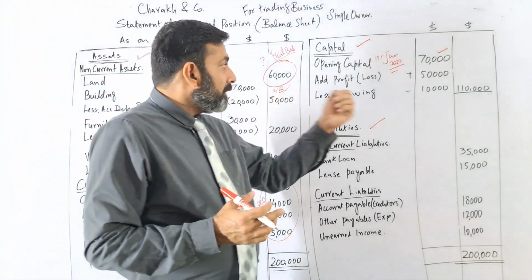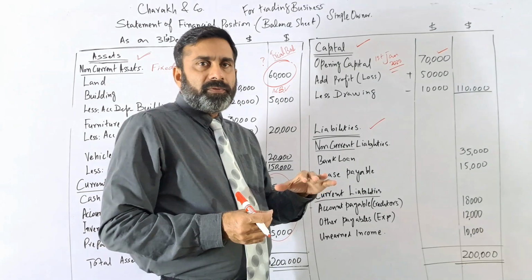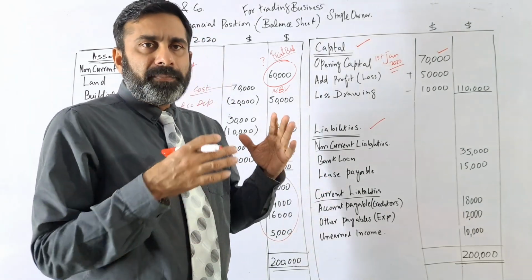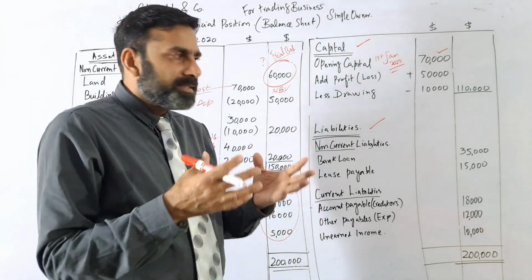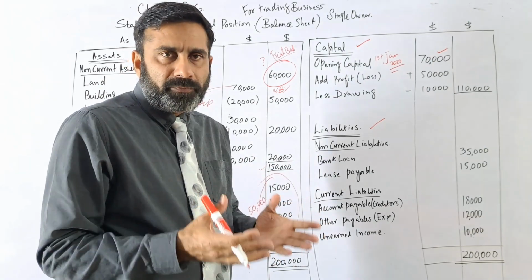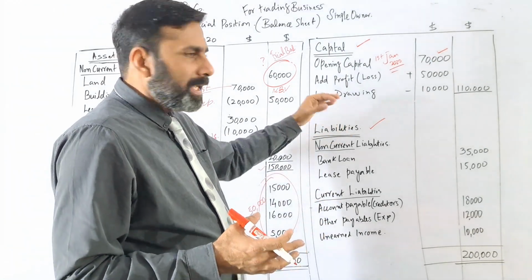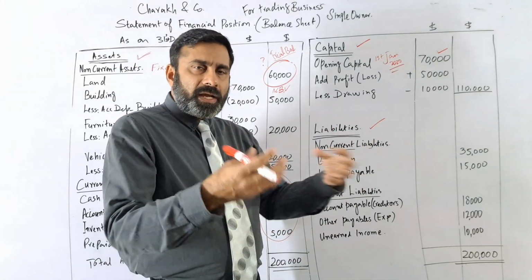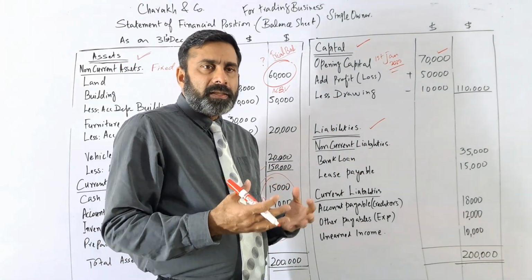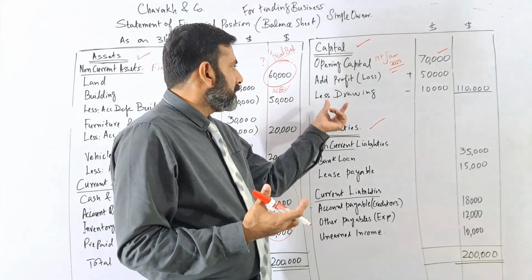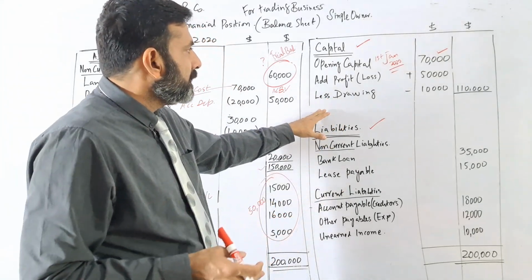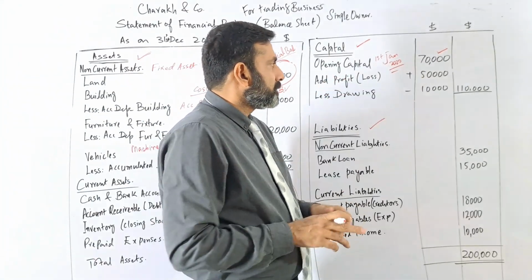The businessman may use some of the profit or all of the profit for his personal use. This will be called the drawing. Anything he takes out from the business for personal use will be considered the drawing.